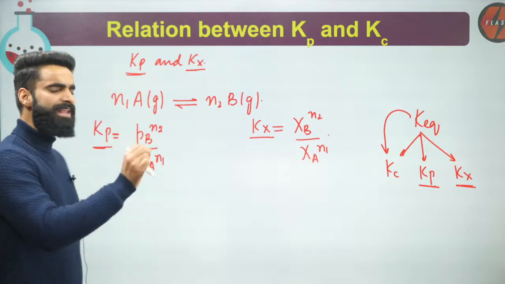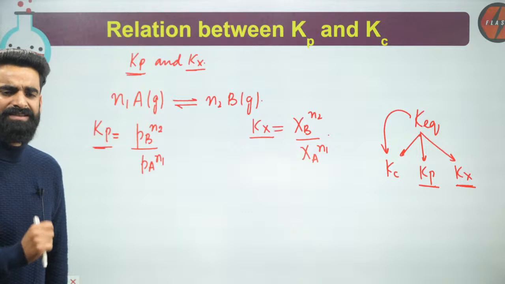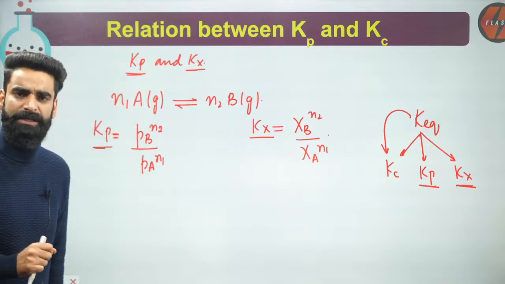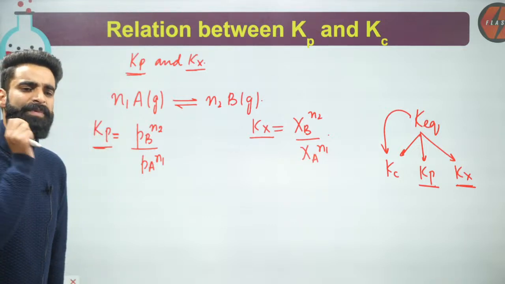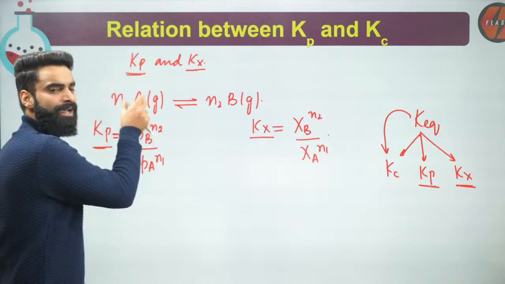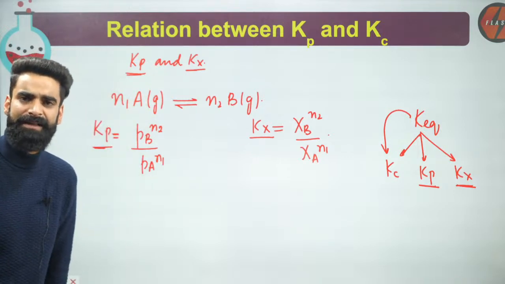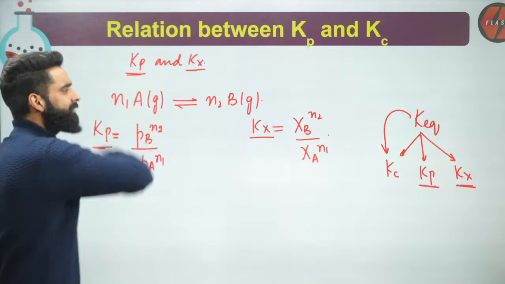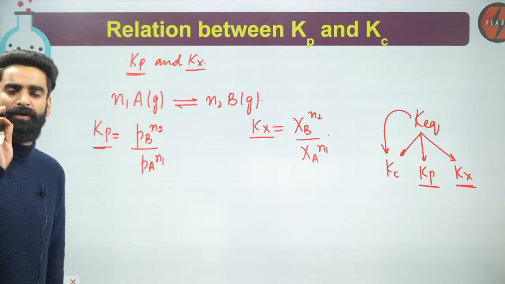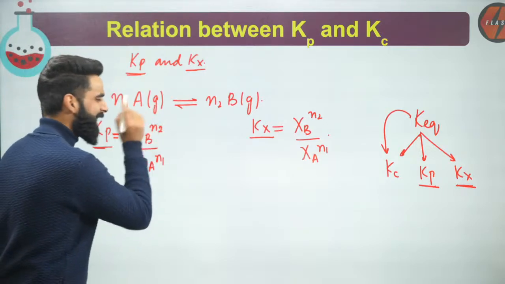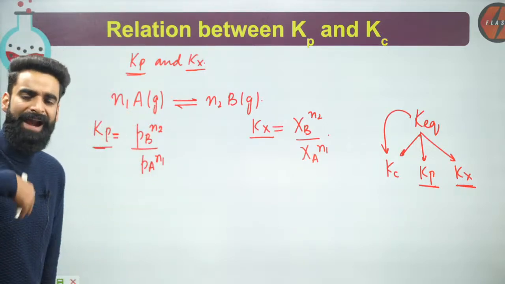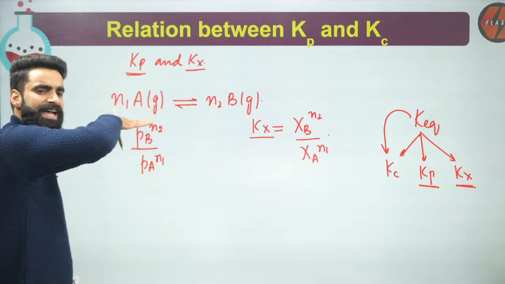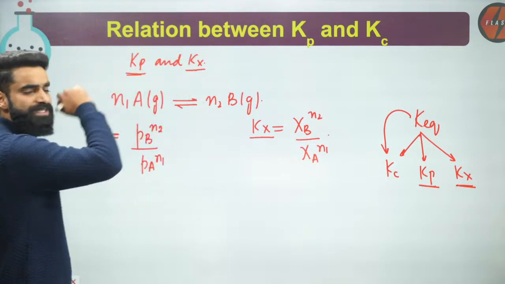Now people, very simple thing. If you remember, in the last session, what did we discuss? At time t equal to 0, when the reaction has not started, I'll only have moles of A in the container. So whatever pressure is there in the container at t equal to 0 will be only due to A. With time, the number of moles of reactants will decrease and the number of moles of products will increase.